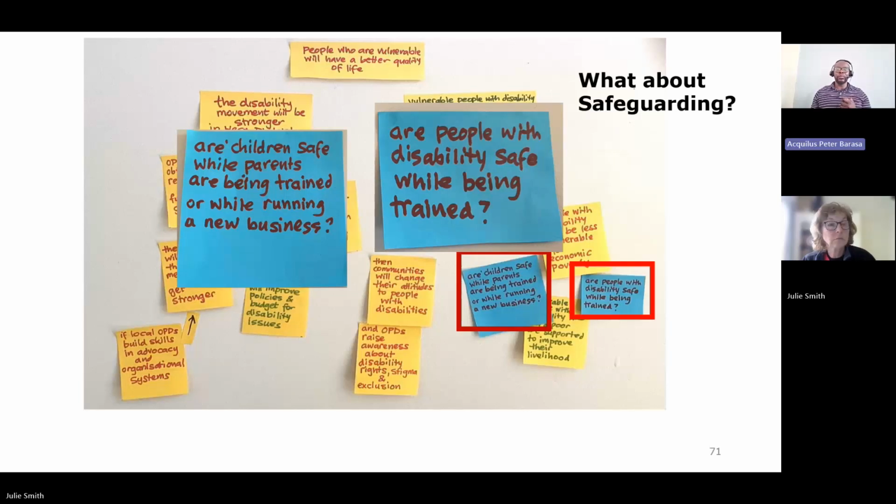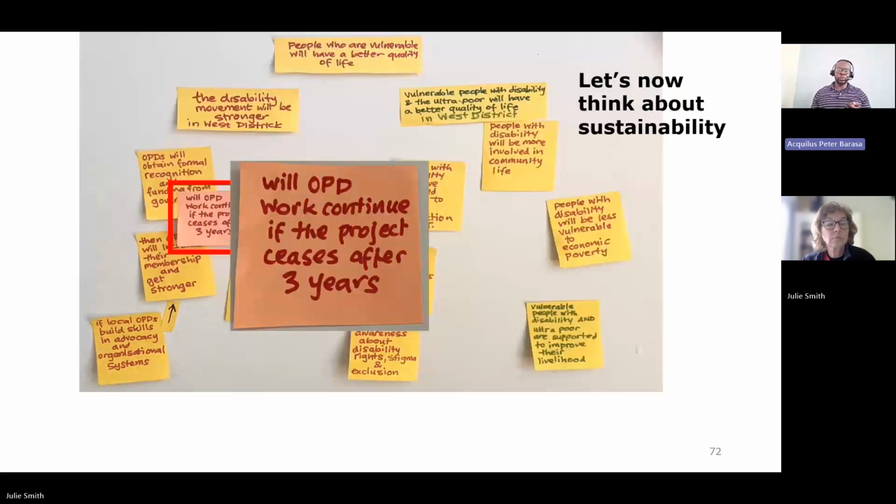Now let's think about sustainability, which is also one important thing. Again, you are not just thinking about sustainability when you come to fill in the project form. You are thinking about it right from the start. Will the OPD continue?